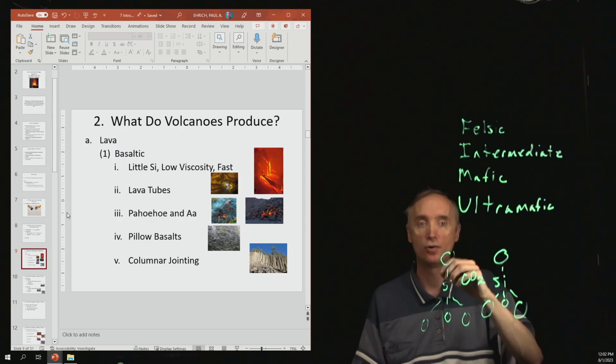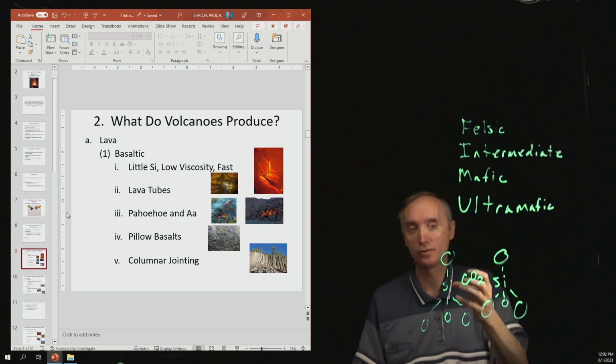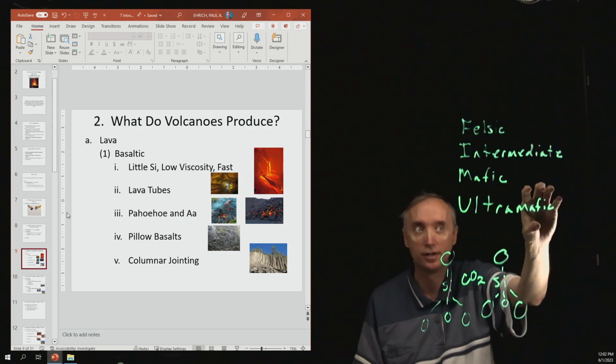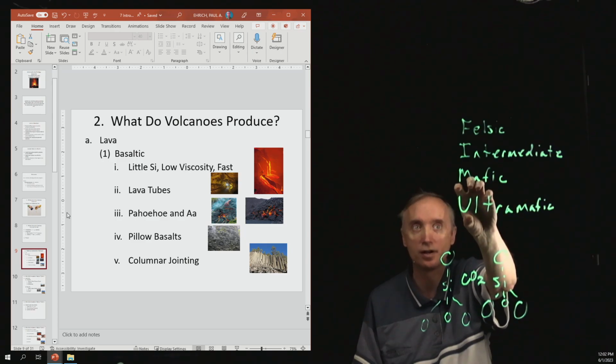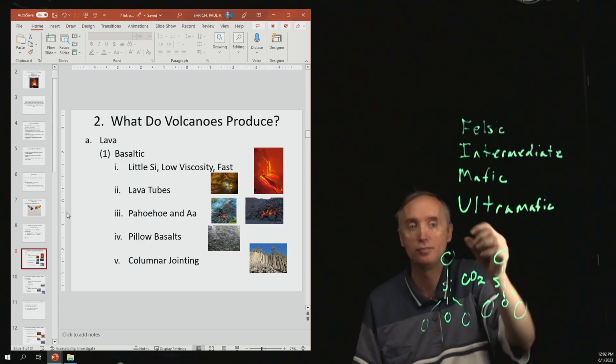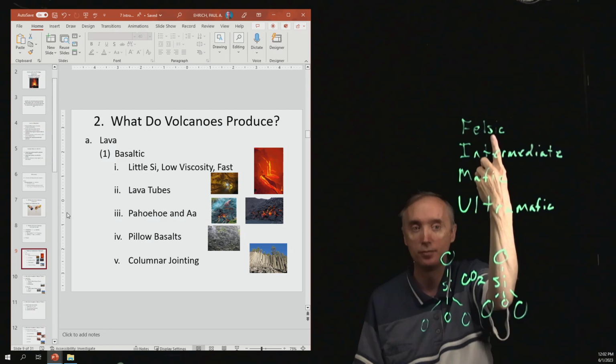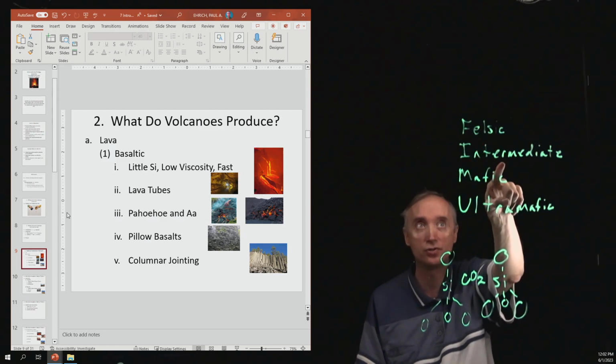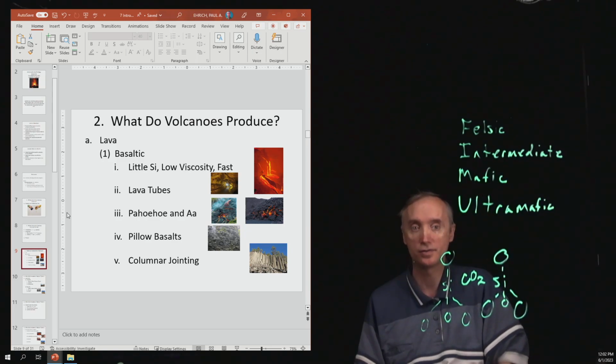When you're in the asthenosphere, the original material is going to be ultramafic. This ultramafic material normally doesn't make it to the surface, because by the time it goes to the surface, it will have changed into these other kinds of material. So we normally do not refer to ultramafic magmas.